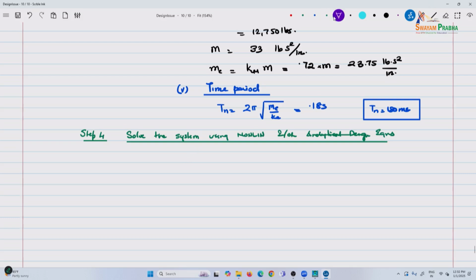So the ductility ratio mu, we are given that theta max is 2 degrees. Can you help me with this calculation?